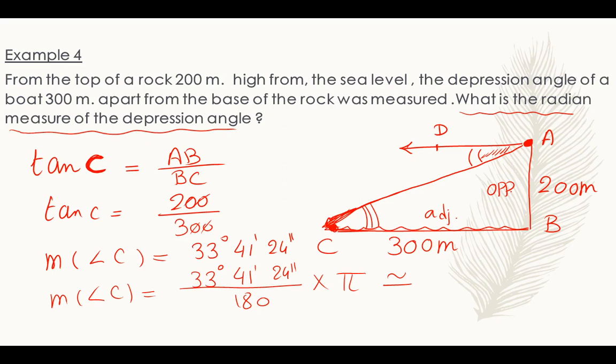So the result will be approximately equal to 0.588 radian measure. Okay, let's go to another example.